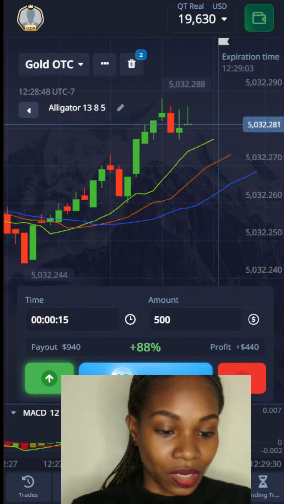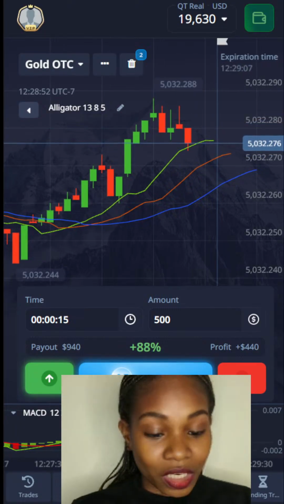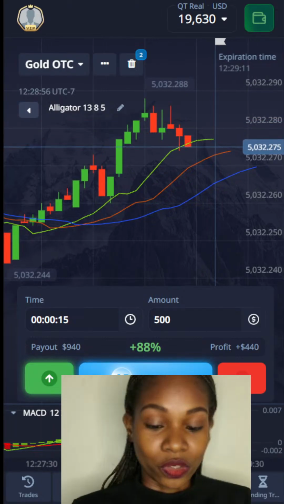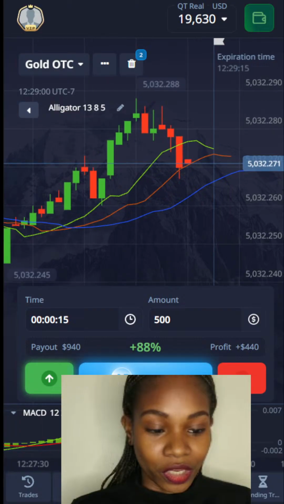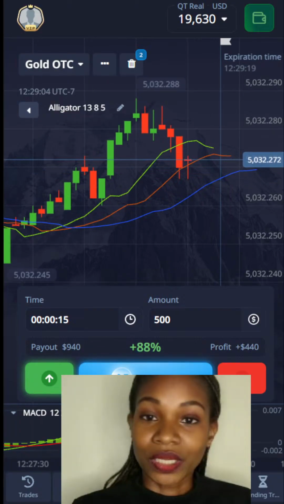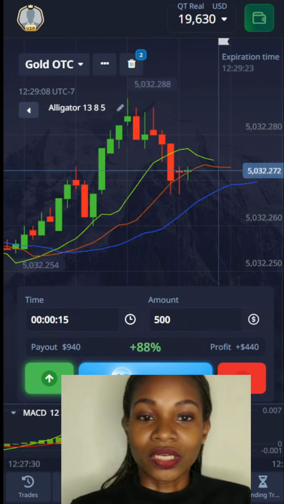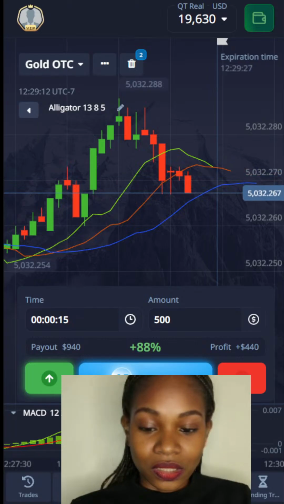Are we moving in an uptrend? Is it confirmed that we are moving in an uptrend? If so, you place in a buy. If we are moving in a downtrend and you're having that momentum, you place in a sell trade. That's how easy using these indicators is.